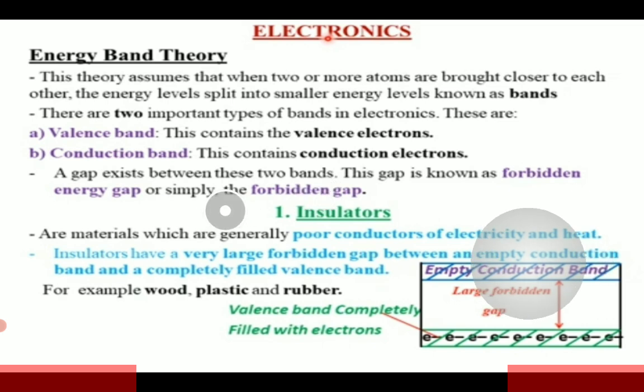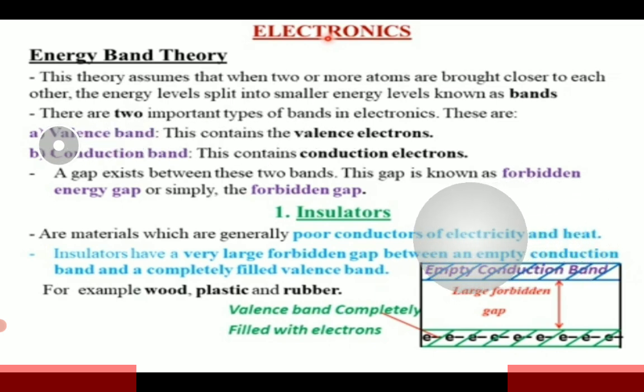You do recall forbidden means not allowed. Why such a gap is called forbidden gap is because electrons are not allowed to be found there. So electrons can either be found in the conduction band, like free electrons, or they can be found in the valence band.